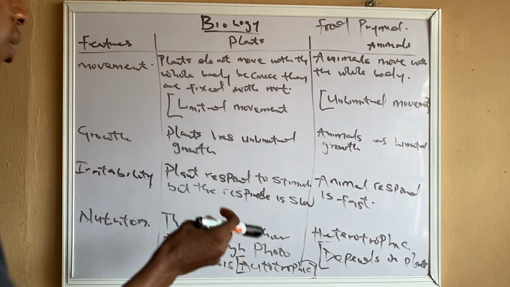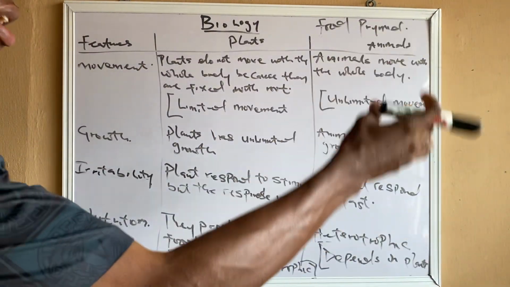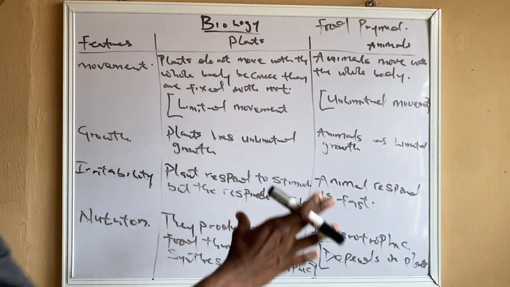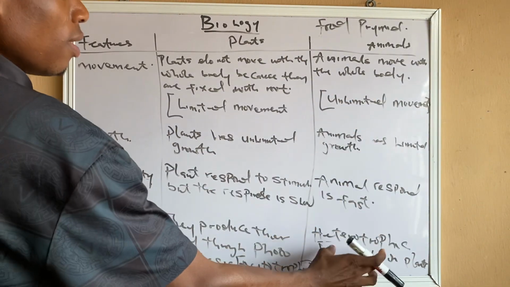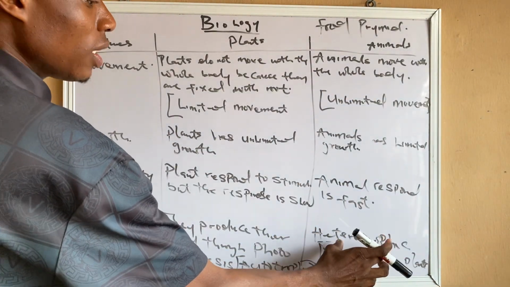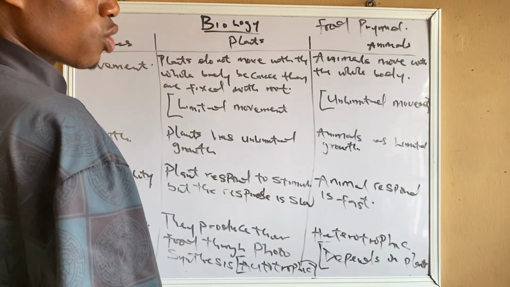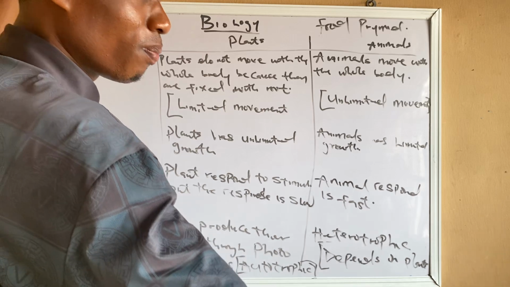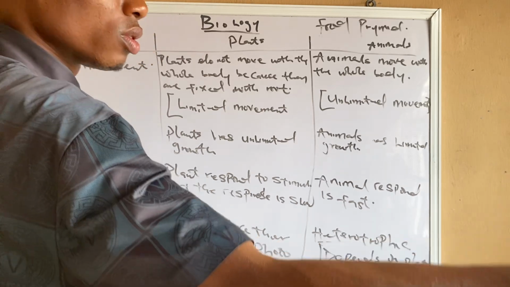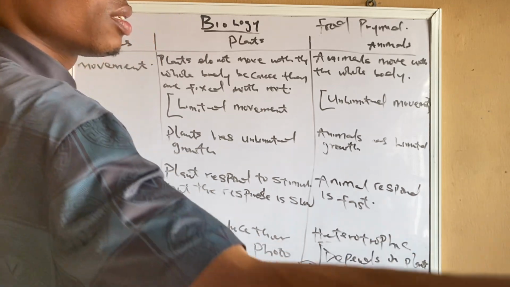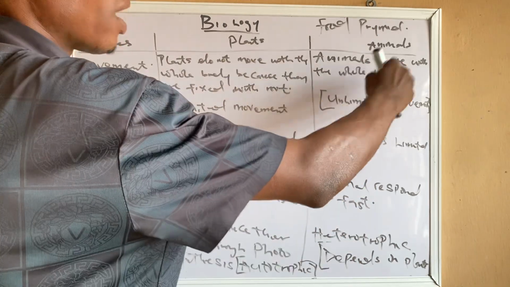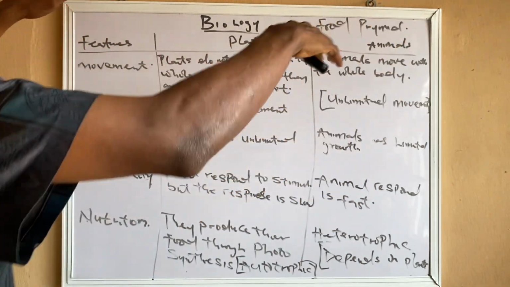It's either you eat beans, rice, maize, cocoa, anything. You have to depend on plants. But this heterotrophic is still of different kinds. Some depend on plants directly, some depend on other animals. This is why we have the food pyramid. I will discuss this later in a subsequent video.